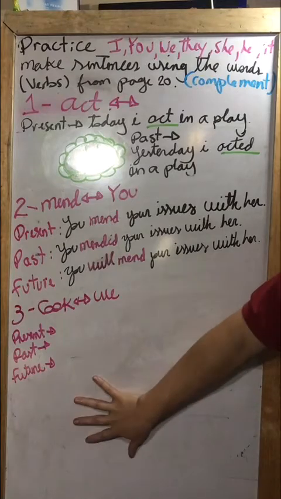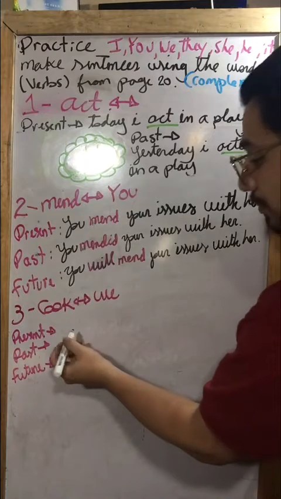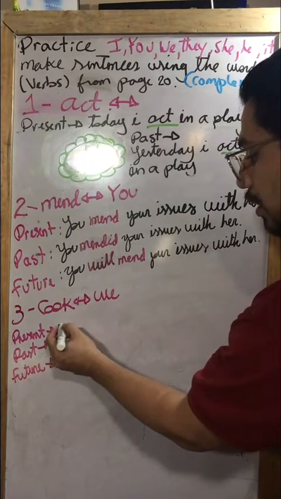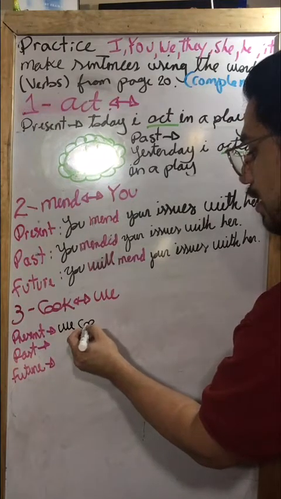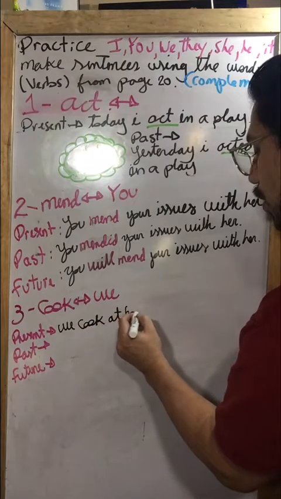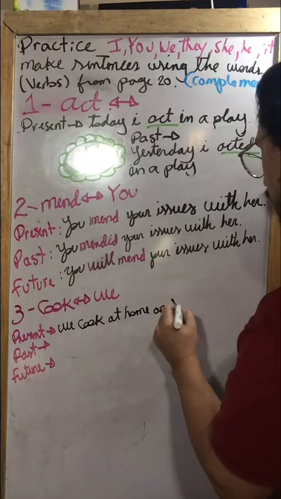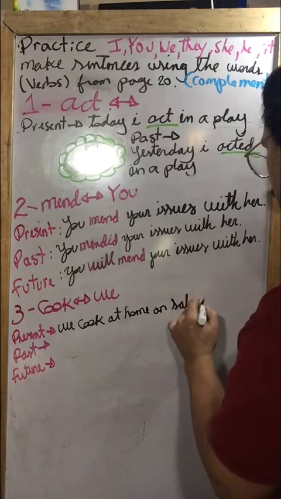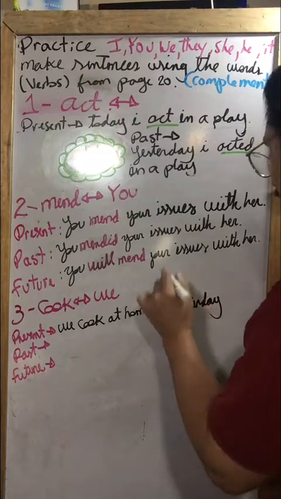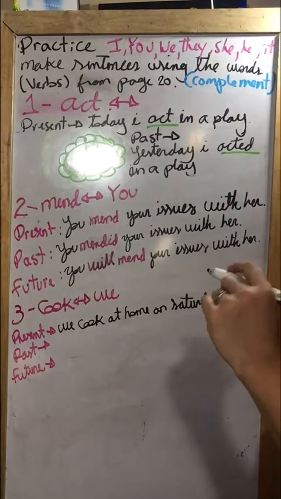This is the last example that I will give you, and then you're going to do the rest, okay? So we have, we cook at home on Saturday. Remember, no mega simple sentences or you're not going to have all the points.